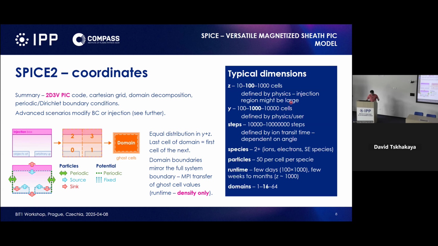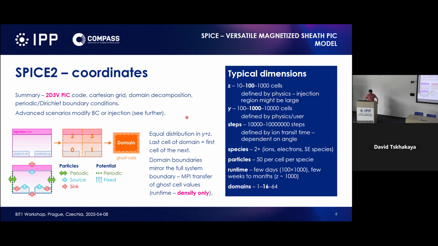Then, what is interesting also is the typical dimensions. Contrary to David's code, we have much fewer cells in one dimension. We typically have hundreds of cells in the Z direction, which is the thickness of the sheath, and thousands of cells in the y dimension, which is the dimension defined by the geometry of the problem.